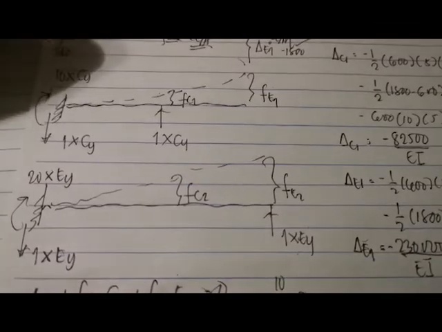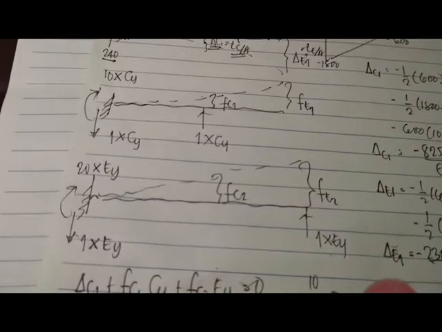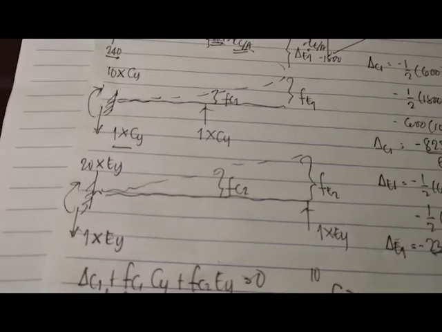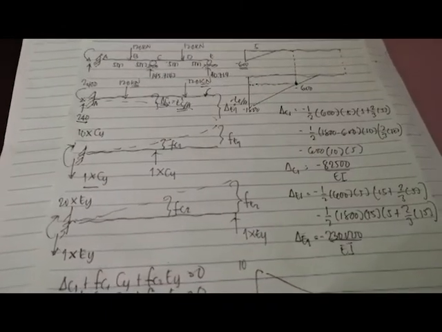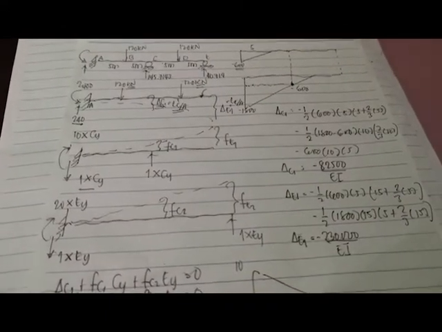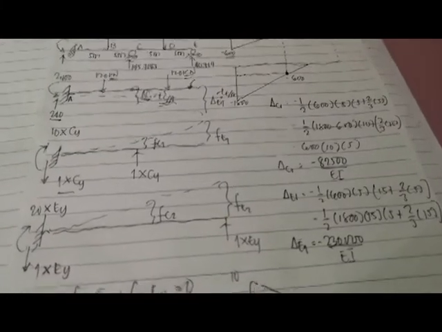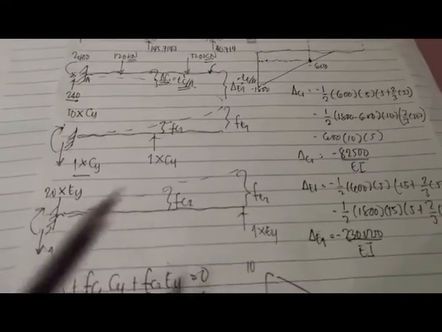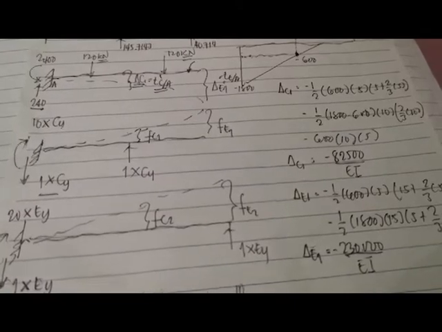Okay, so let's add: 240 upward, minus 1 times CY, where CY is equal to 145.7143, and then minus 1 times EY, minus 40.7143.